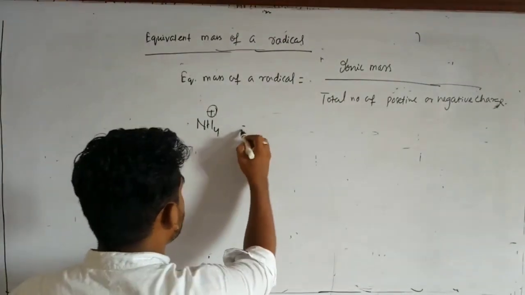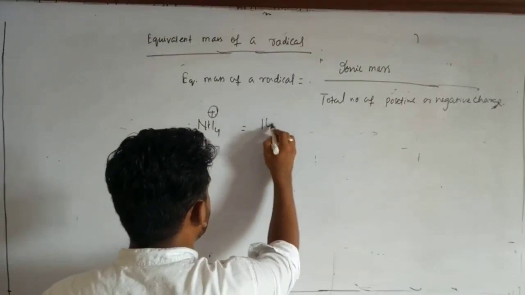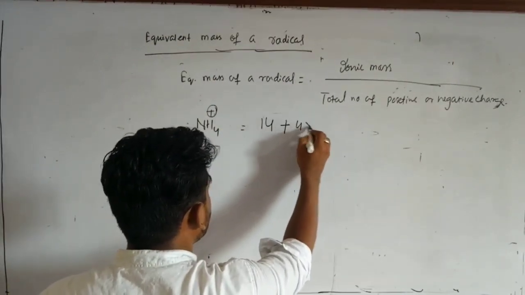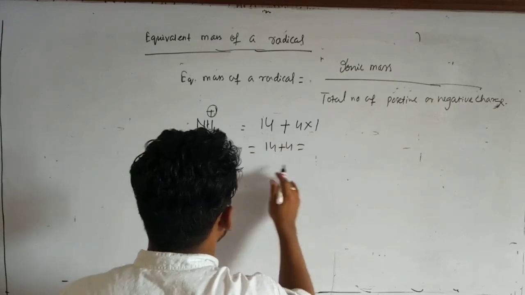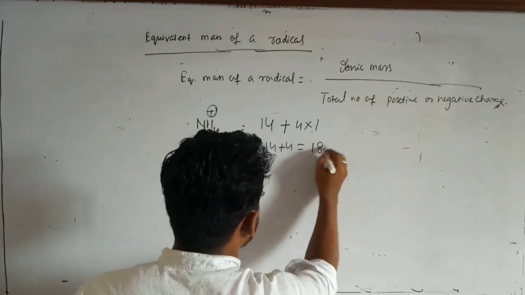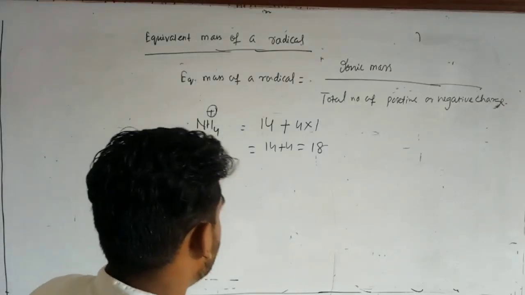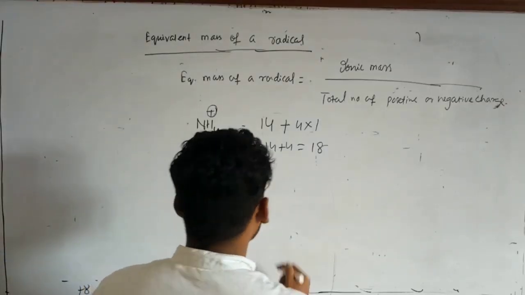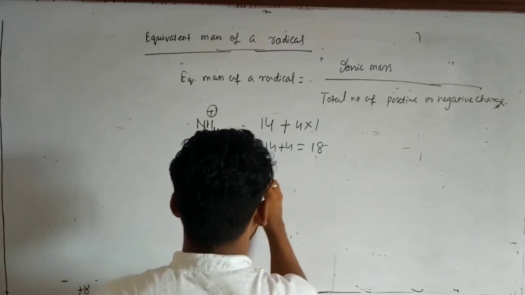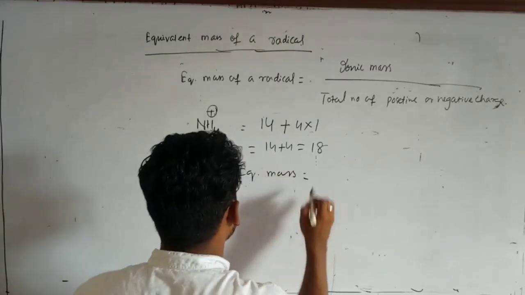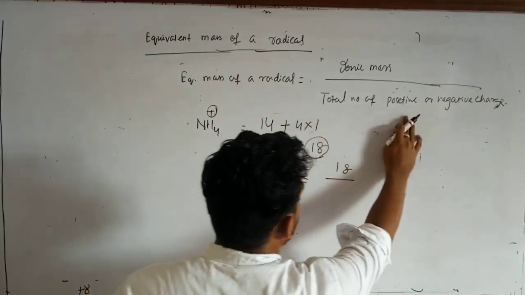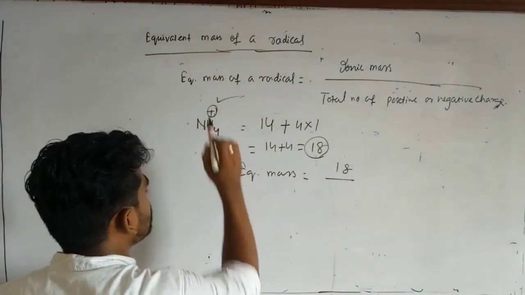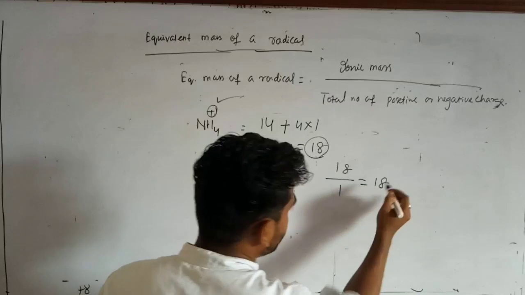Then its ionic mass is, for nitrogen 14 plus 4 into 1, that is equal to 18. So its equivalent mass is equal to ionic mass 18 divided by total positive or negative charge, that is positive 1, so that is equal to 18.